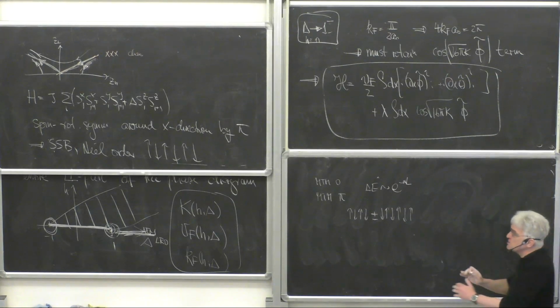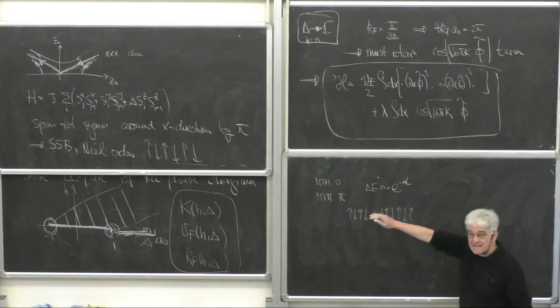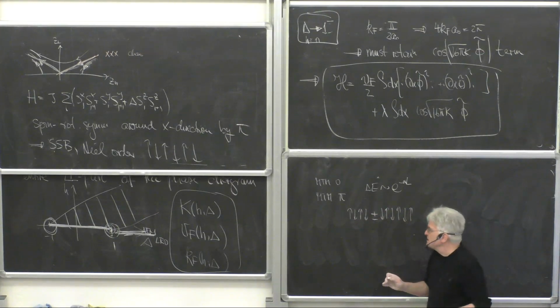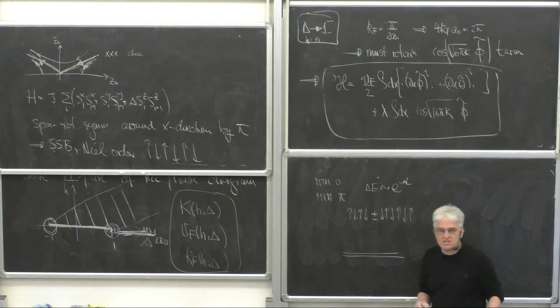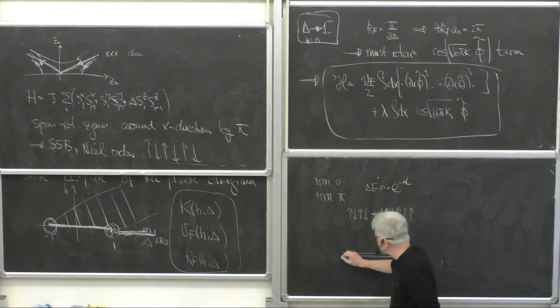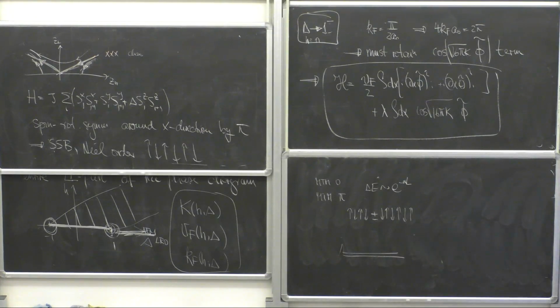On the open chain with open boundary conditions, you again have two states which are almost degenerate, the splitting again is exponentially small, and in one of them you would have some boundary state.